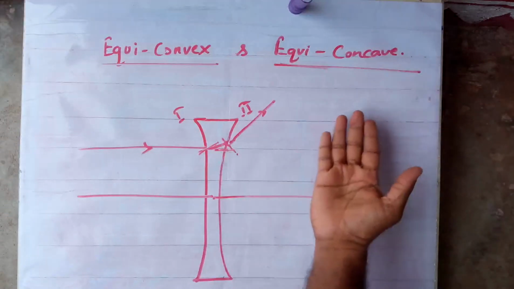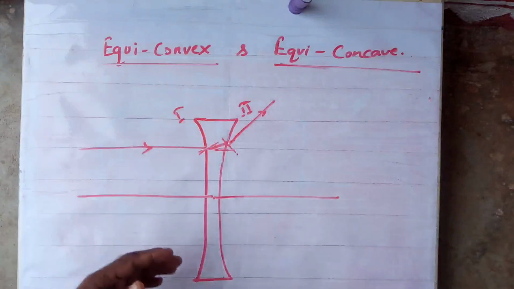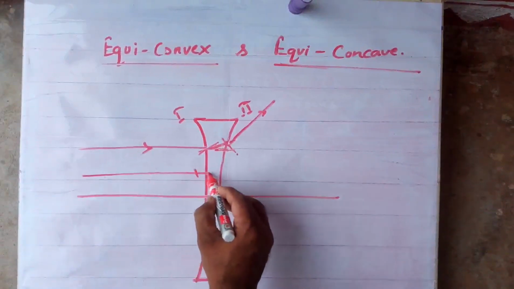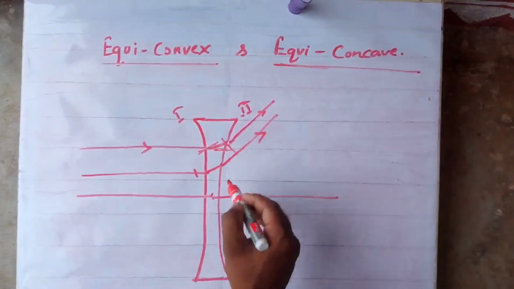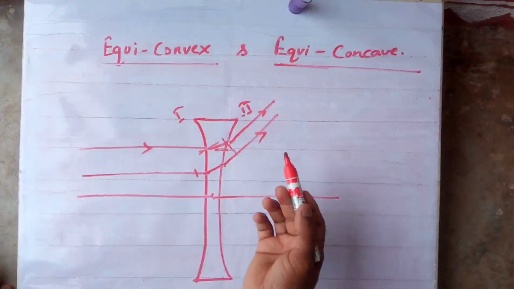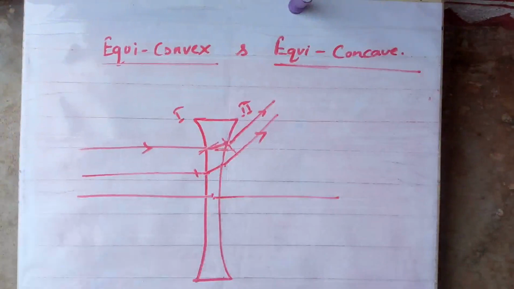But in a concave lens, both the surfaces are diverging, taking the ray away from the principal axis. A second ray I will take, suppose this one also will go like this and like this. They are diverging from both the surfaces. First surface diverges, second surface also diverges from the principal axis. That's why it's called equiconcave. I hope the concept is clear.